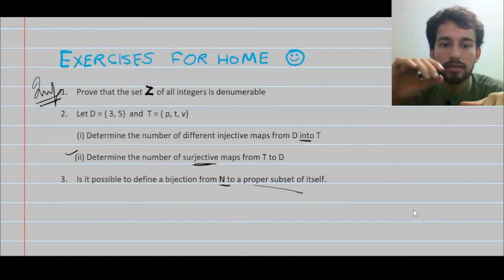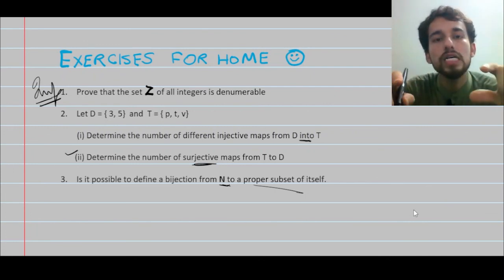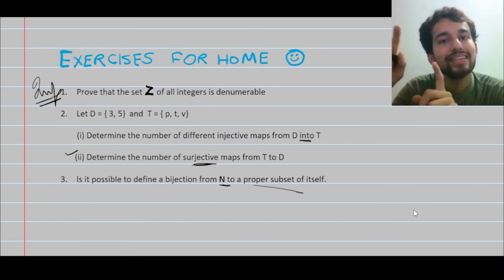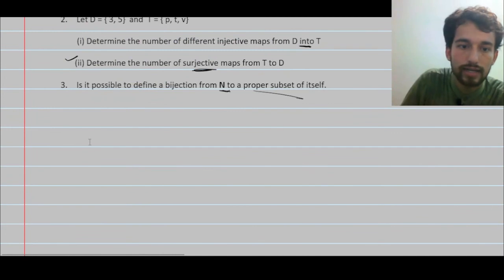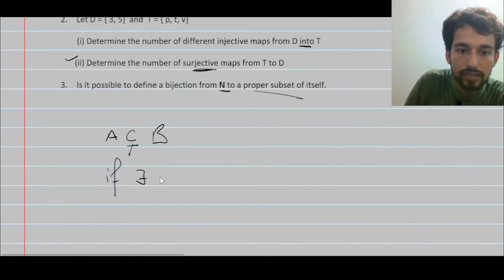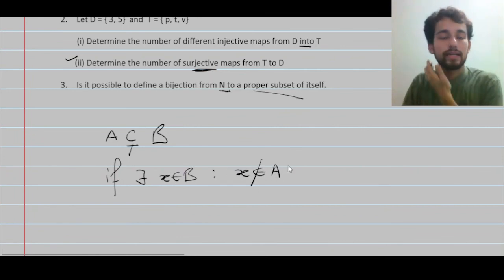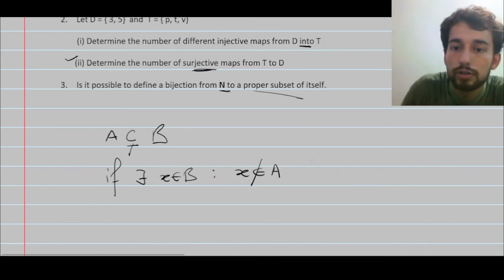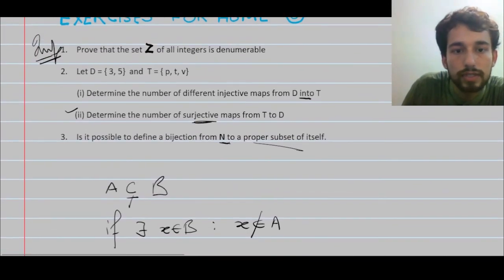Proper means that we have two sets A and B, then A is said to be a proper subset of the set B if there exists an element in the set B which is not in the set A. Let me quickly define it for you before concluding the video: I denote A is a proper subset of B if there exists some x in B such that x is not a member of the set A. Okay, so in that case, we say that my set A is a proper subset of set B.